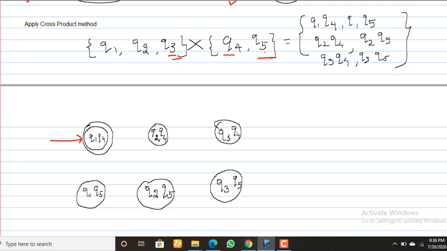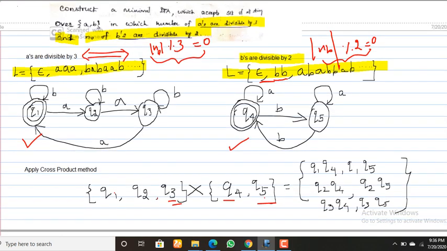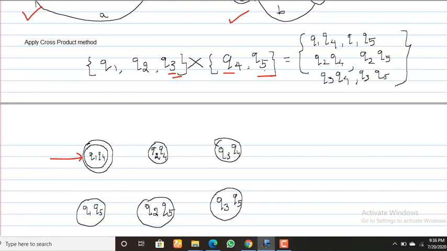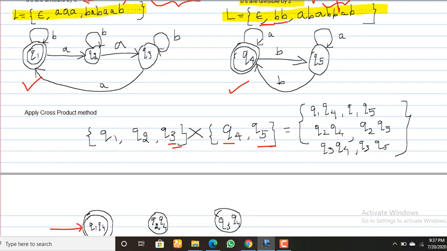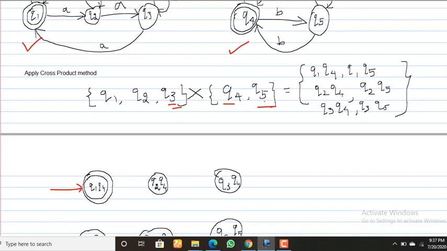Let me check. The input symbols are A and B. Q1 on receiving A moves to Q2, and Q4 on receiving A moves to Q4.